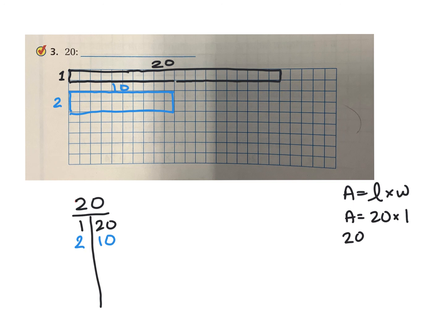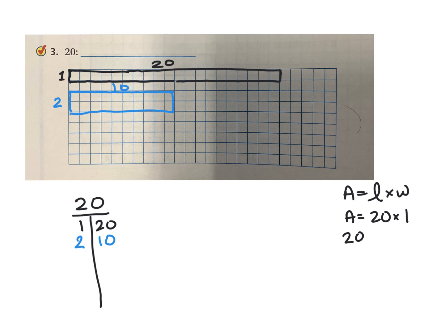So 2 and 10 are factors of 20. Okay, so if I were given this rectangle and told to find the area, or how many boxes were inside, I could count them all up, sure, but I could also just say, oh, the length is 10, the width is 2, 10 times 2 is 20, the area is 20.